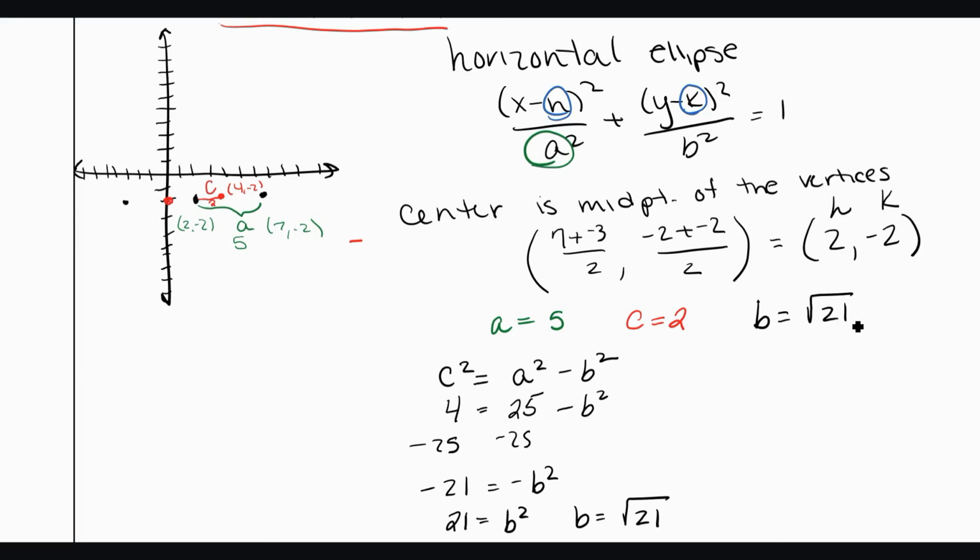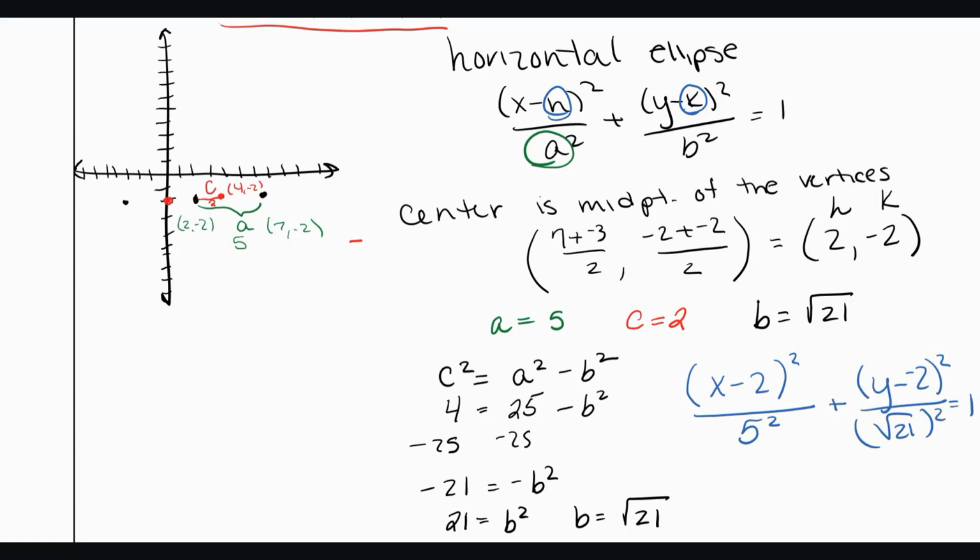So plugging this all into our equation, we're going to have x minus 2, we have our h, squared over 5 squared, plus y minus -2 squared over the square root of 21 squared equals 1.